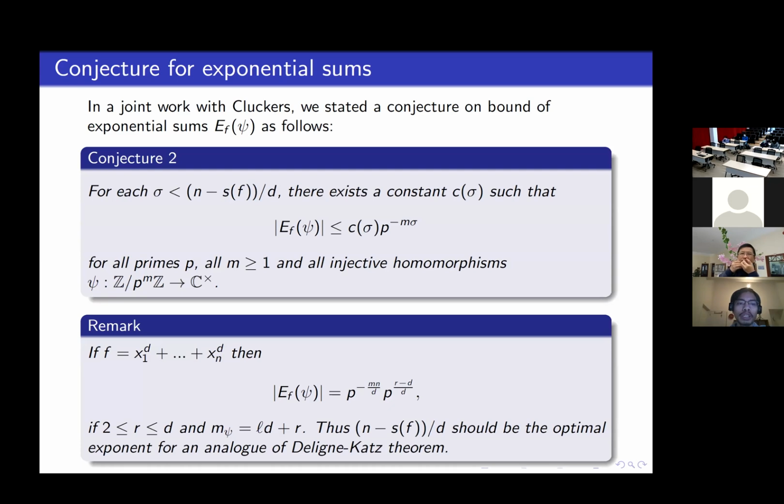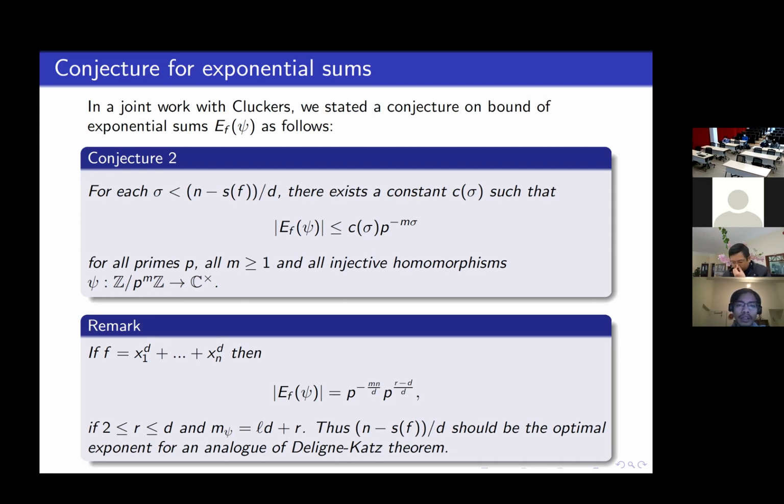It means that we expect that if sigma is less than n over d, then there is a constant c_sigma such that we have an upper bound of |E_f(psi)| by c_sigma p^(-m sigma) for all primes p, all m at least one, and all injective homomorphisms psi from Z over p^m Z to C star.